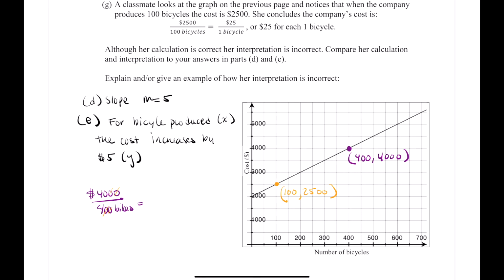So we end up with $40 over 4 bikes, and we can continue simplifying, and we end up with $10 per bike. So what just happened here? How do we have $25 for each bike here and suddenly $10 for each bike here?